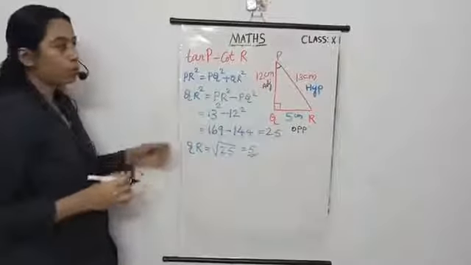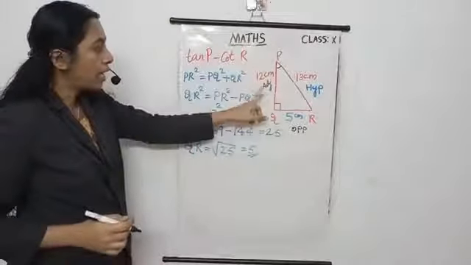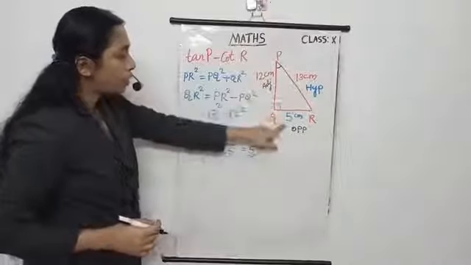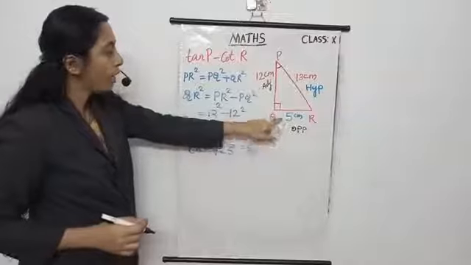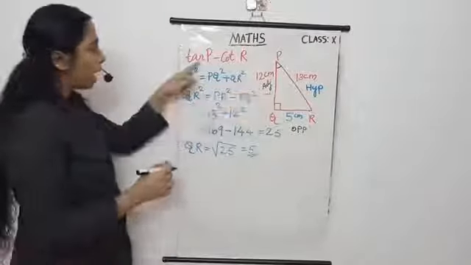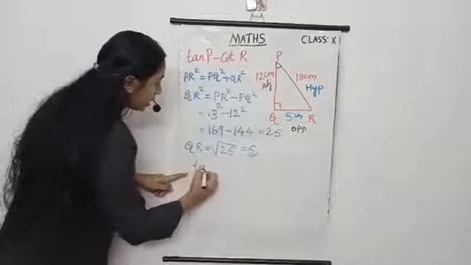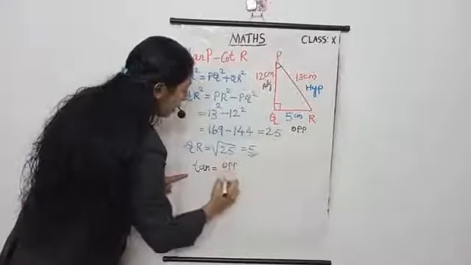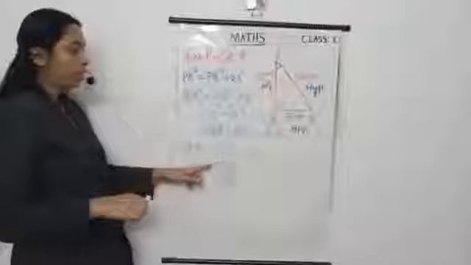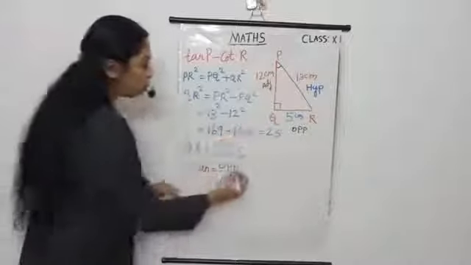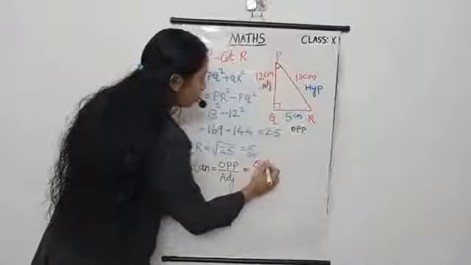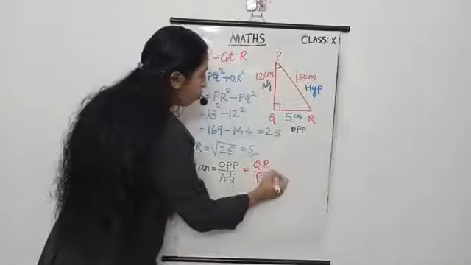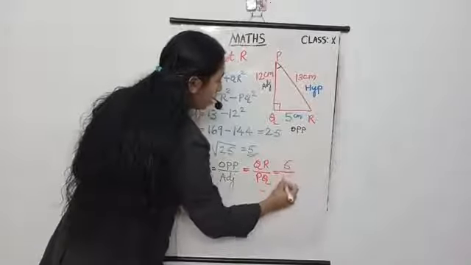We know tan is equal to opposite by adjacent. So here the opposite side is QR, so this is equal to QR by the adjacent side PQ. QR is 5 and PQ is 12.